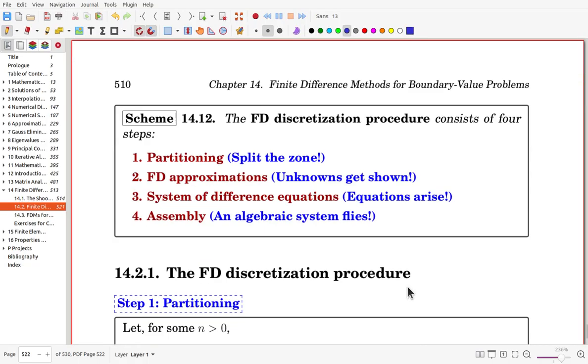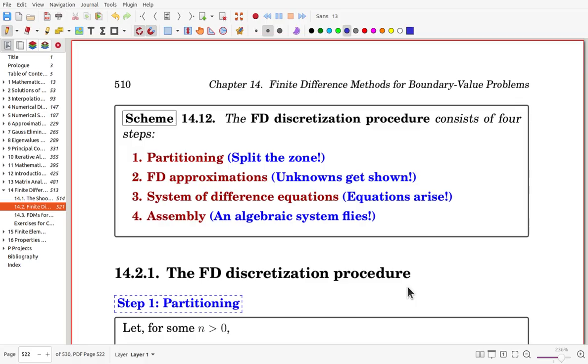Okay, now here the finite difference discretization procedure consists of 4 steps. In the beginning, we'll do partitioning. That means we split the interval. Then finite difference approximations, that is for the unknowns. We will recognize unknowns.